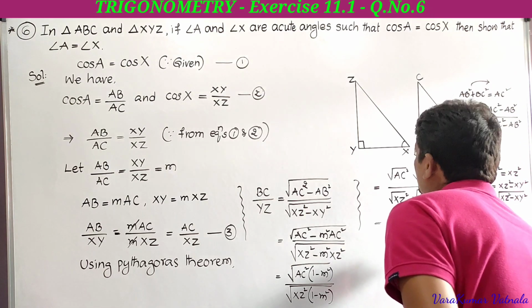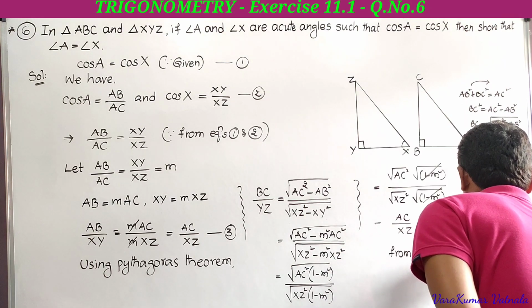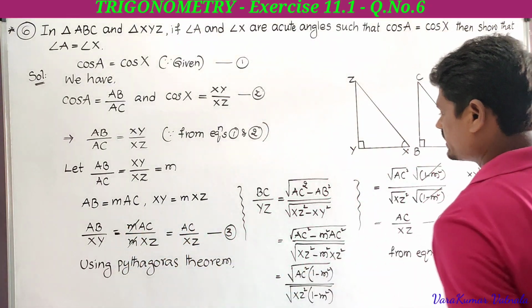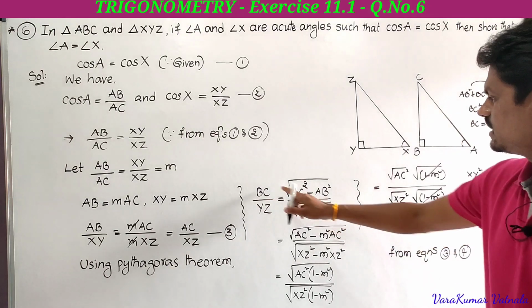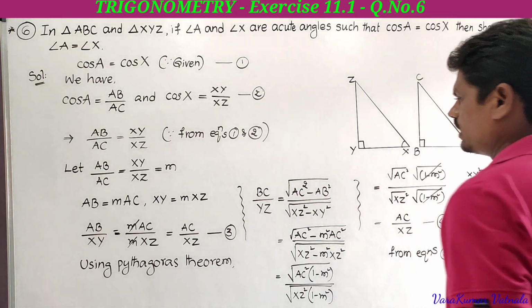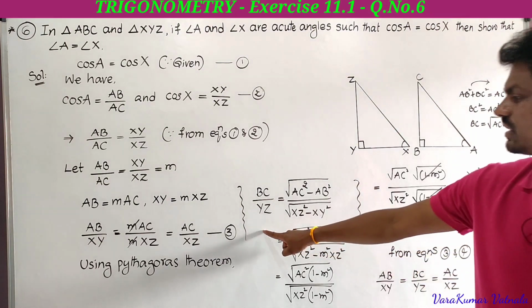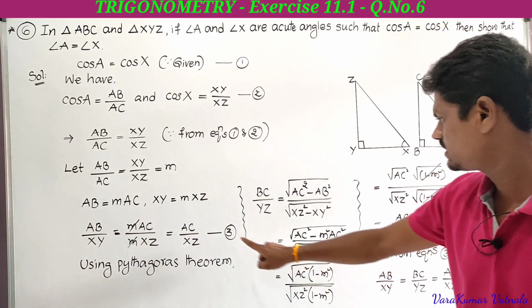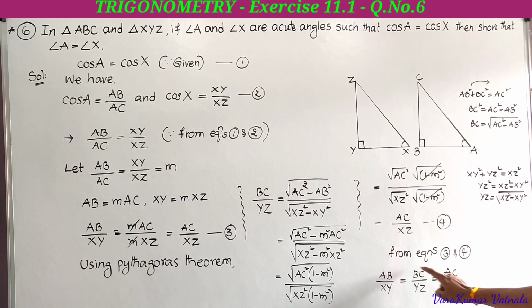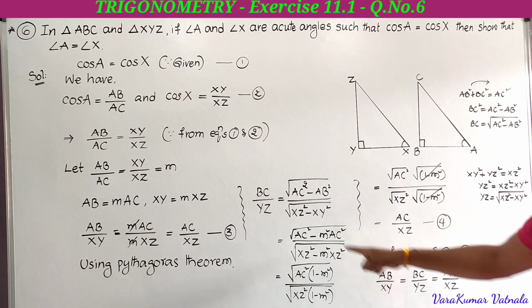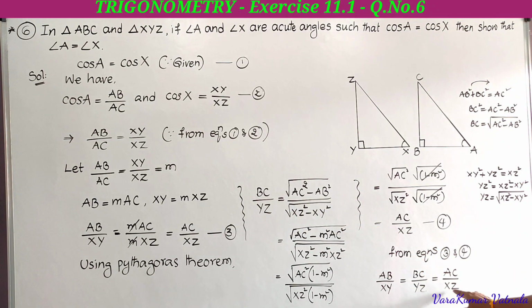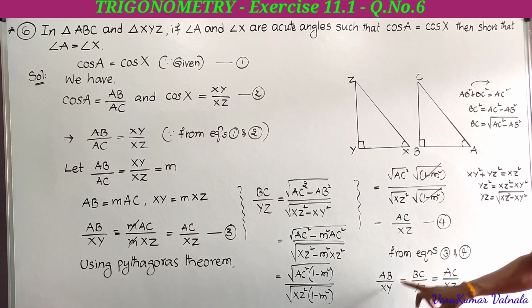So finally from equations 3 and 4, AB by XY is equal to AC by XZ. So in equation 4, BC by YZ is equal to AC by XZ. So finally we can get AB by XY is equal to BC by YZ is equal to AC by XZ.